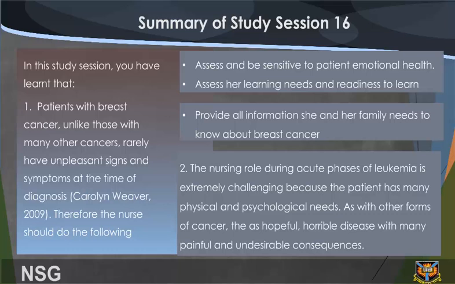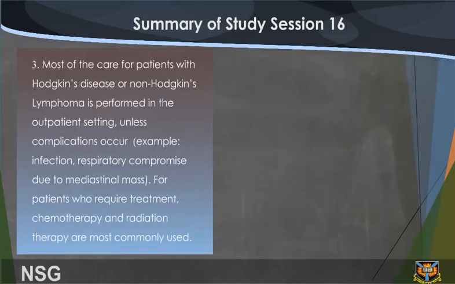2. The nursing role during acute phases of leukemia is extremely challenging because the patient has many physical and psychological needs. As with other forms of cancer, it is viewed as a dreaded, horrible disease with many painful and undesirable consequences. 3.